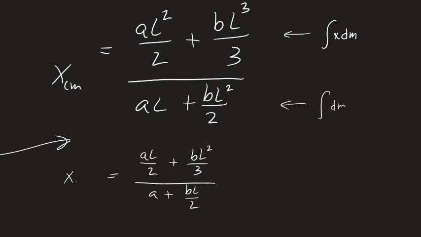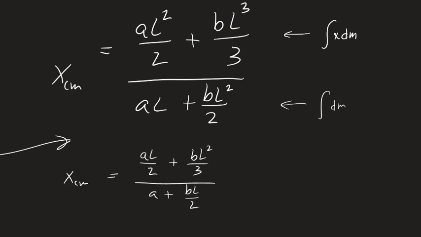There's really nothing you can do to make this prettier. I mean, yeah, you could factor out one of the L's on top. It's kind of nice maybe to do that, but it doesn't really give you much, because all the coefficients are different.